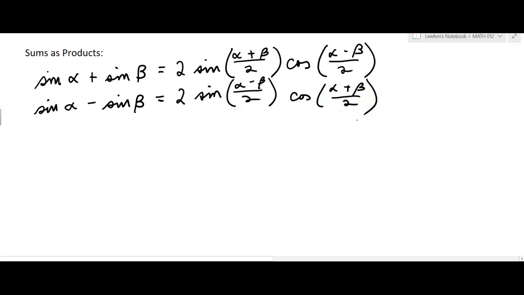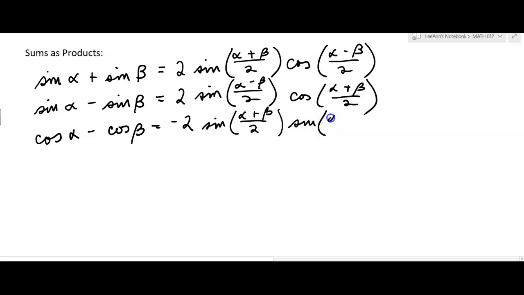Then we have a cosine alpha minus cosine beta, which is negative 2 sine of (alpha plus beta) over 2, sine of (alpha minus beta) over 2.